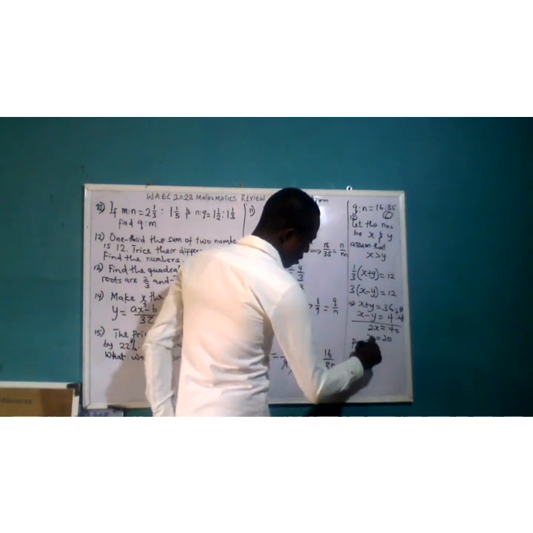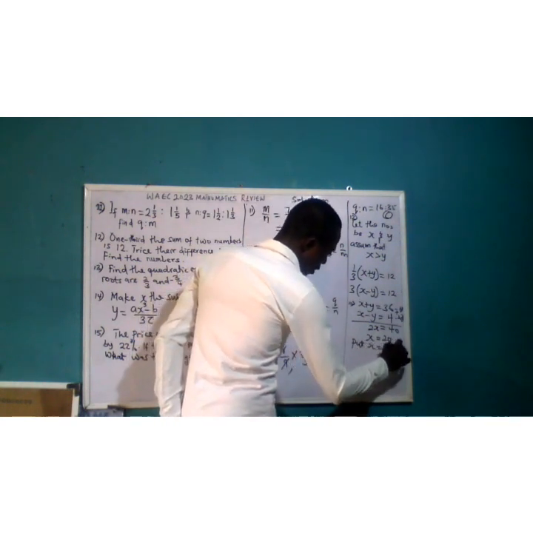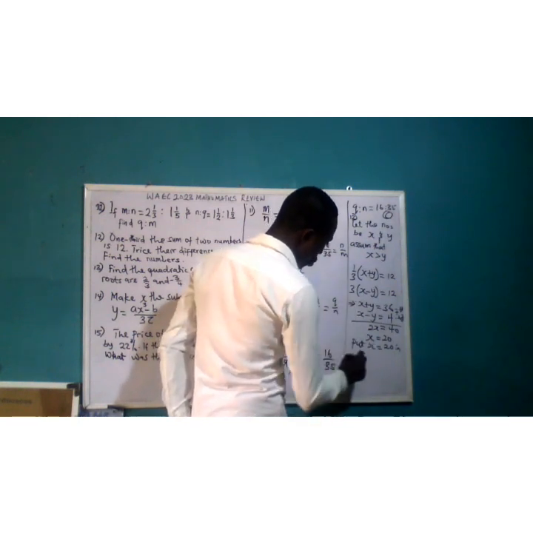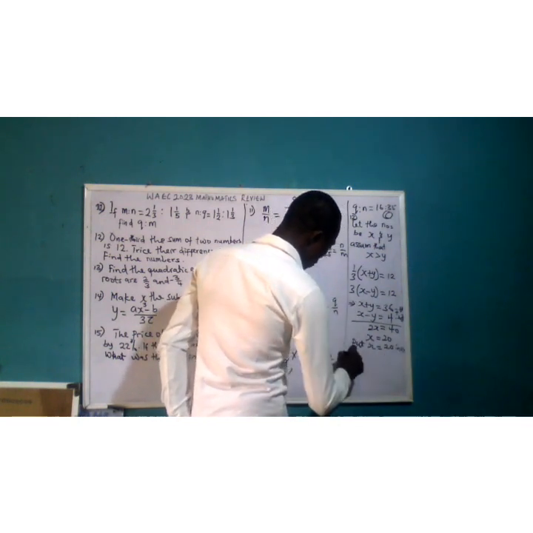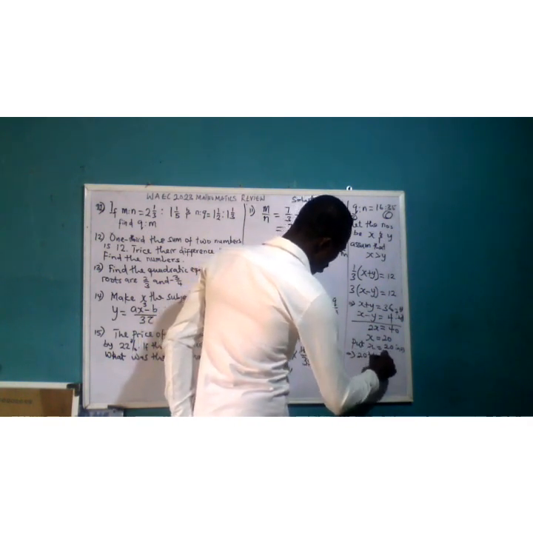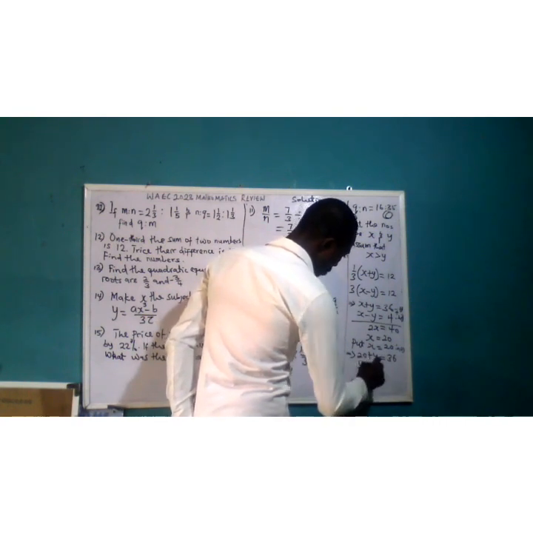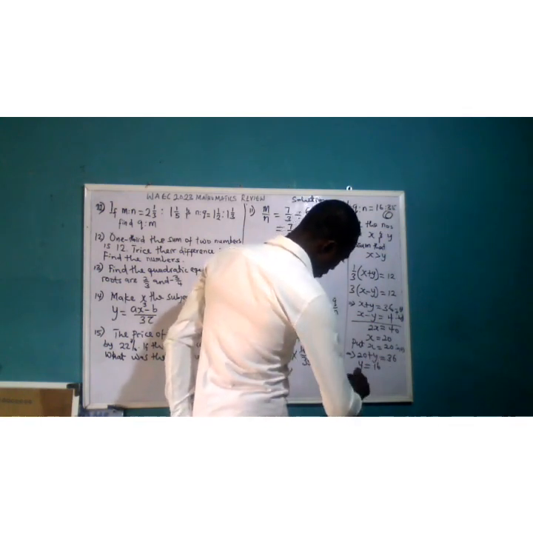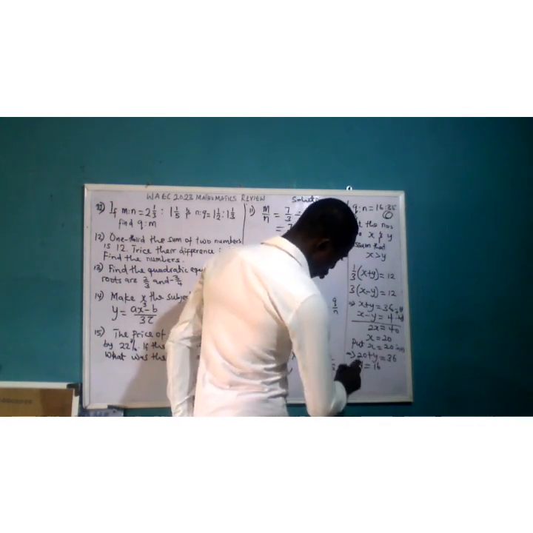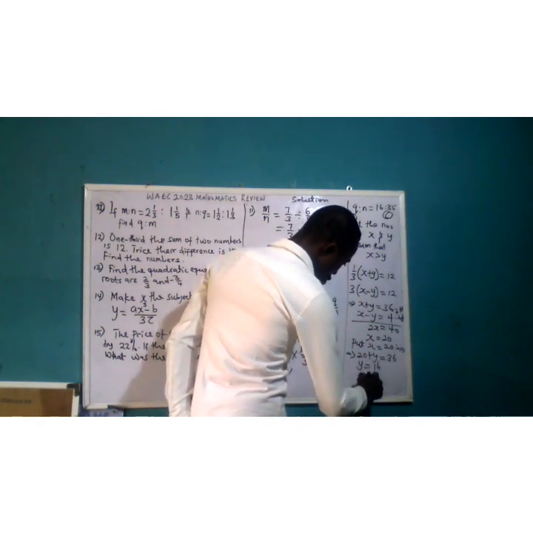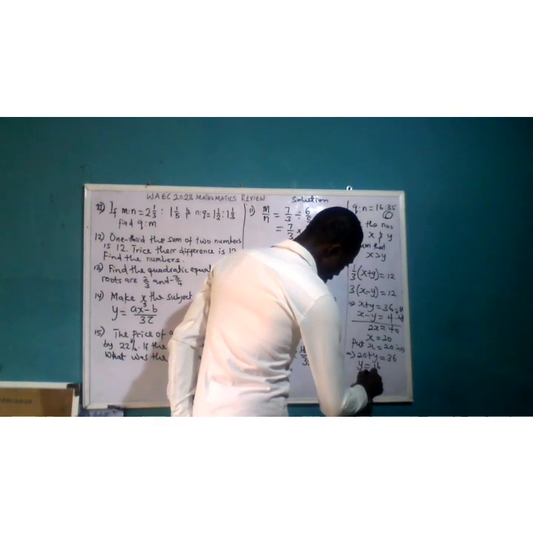Put x equal to 20 in either equation 1 or 2. Let's put it in equation 1, so that you have 20 plus y equals 36. From there, y is equal to 36 minus 20, that will give you 16. Therefore x is equal to 20 and y is equal to 16, so you have 20 and 16.